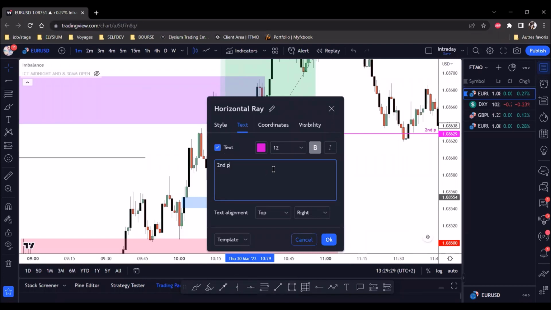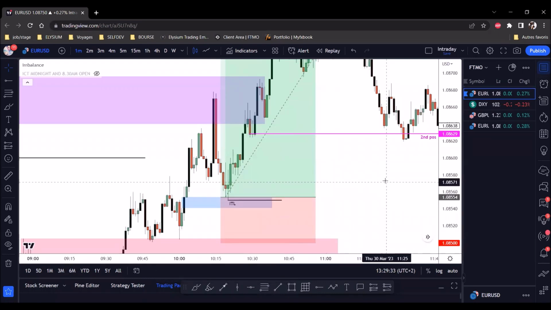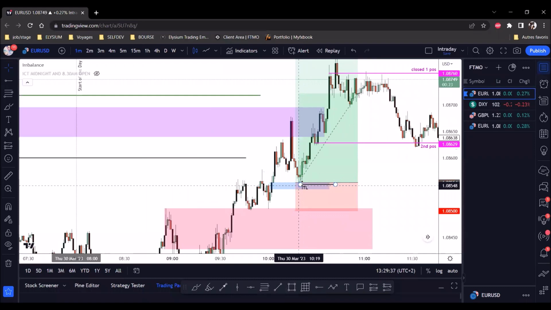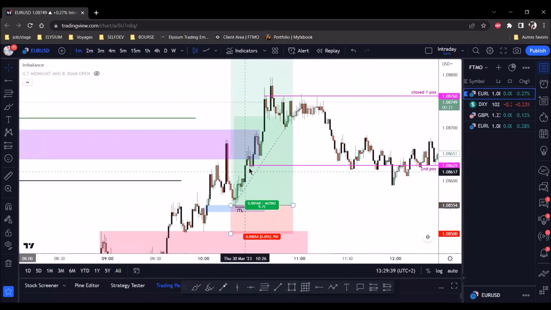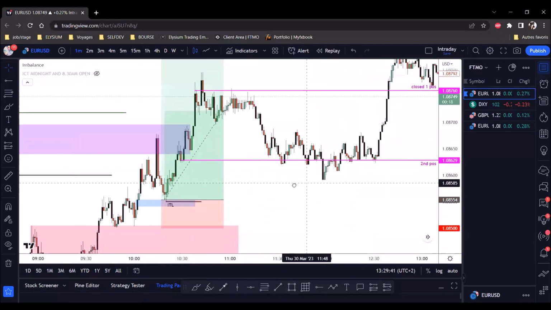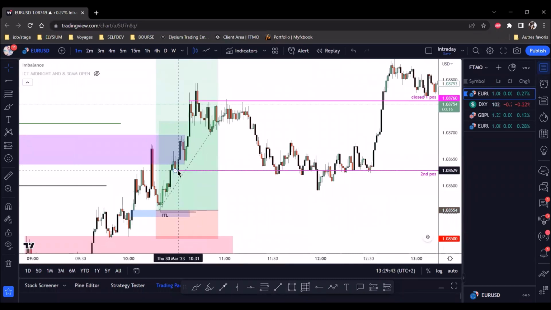Second position. Half position, okay? Because here I was already at full position, but I was at break even already. So I could take another buy, you know, with a lot less risk.